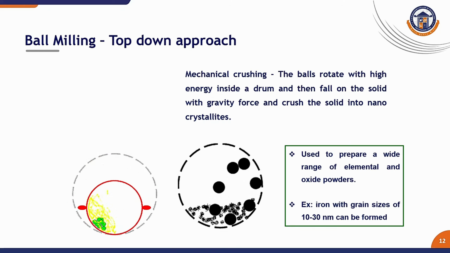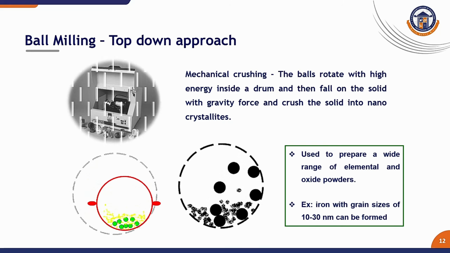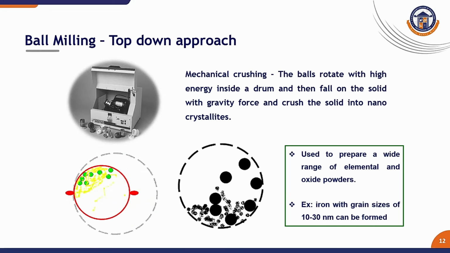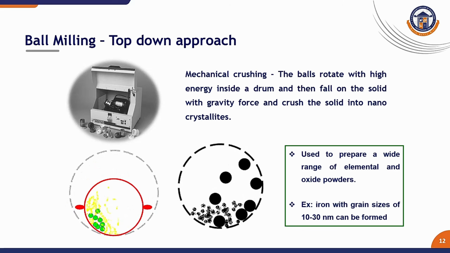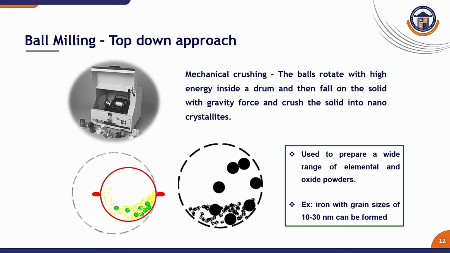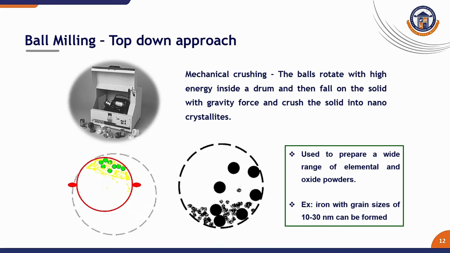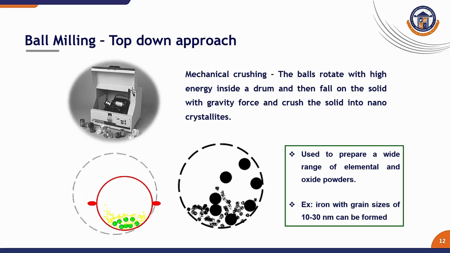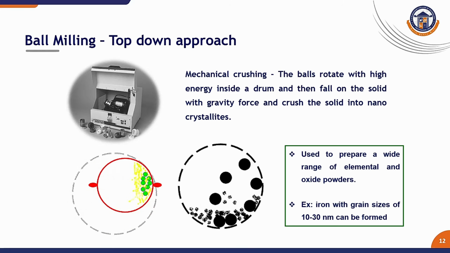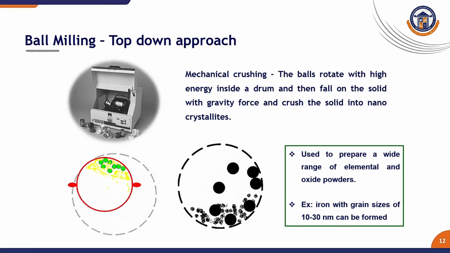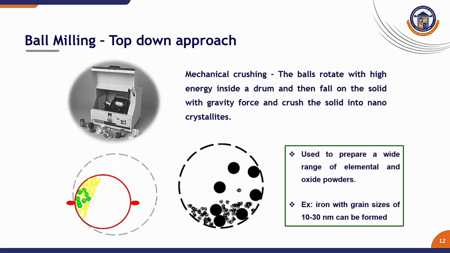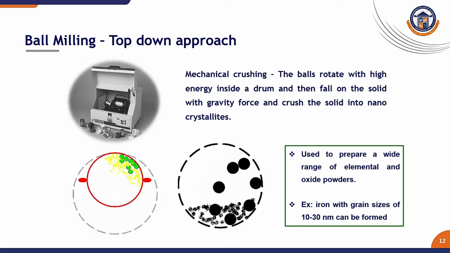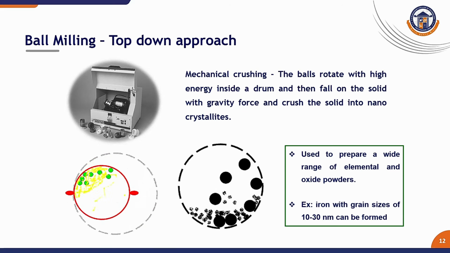For example, iron nanoparticles with grain size of 10 to 30 nanometers can be synthesized using this method. Bulk materials have a low surface area to volume ratio and fewer surface atoms, making them less reactive and softer.